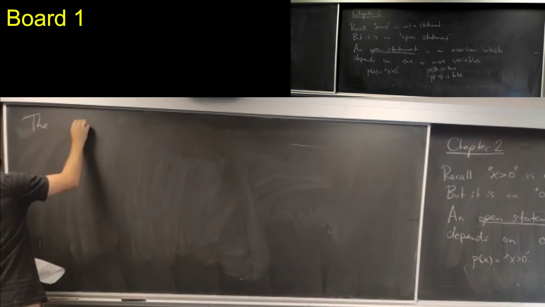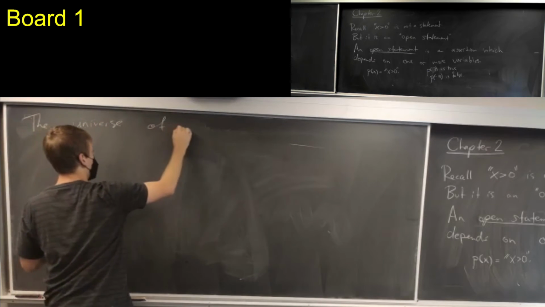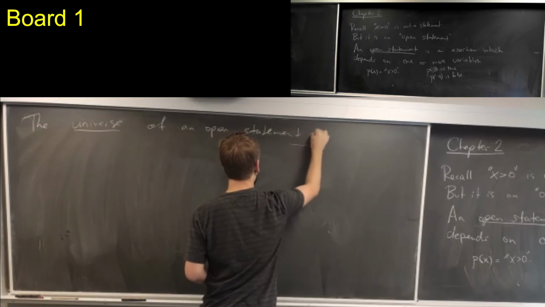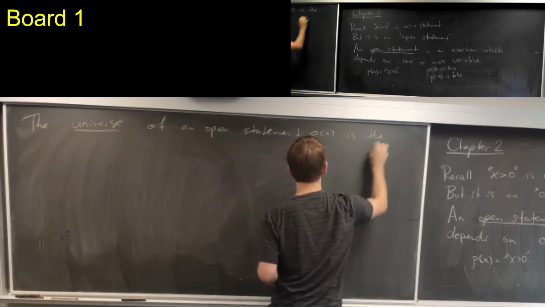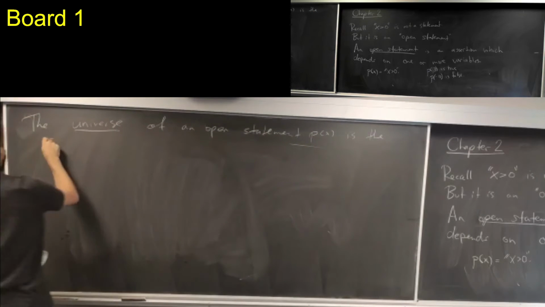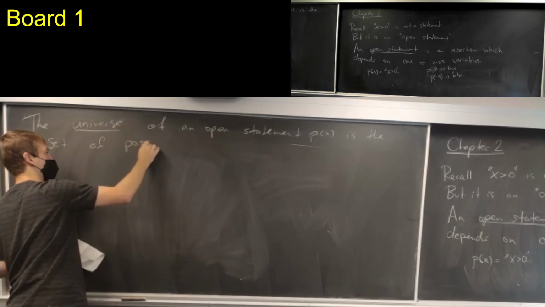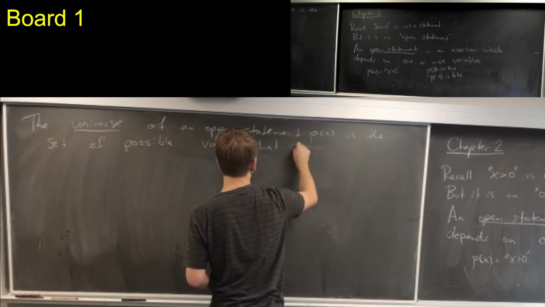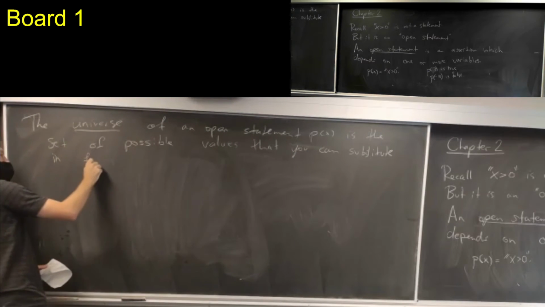So the so-called universe of an open statement p of x is the set of possible values that you can substitute in for x.